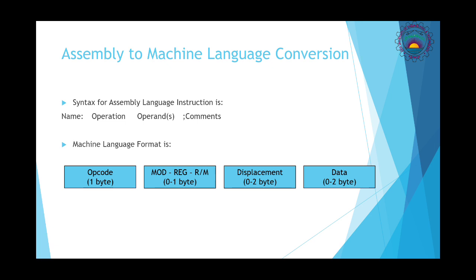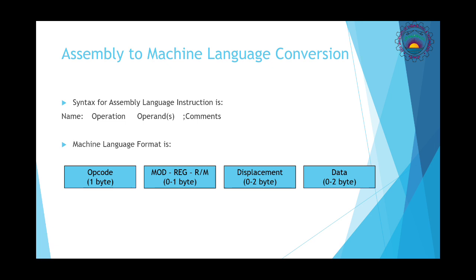In machine code of the assembly language instruction, there will be hexadecimal numbers. So first byte will be of opcode, then second byte will be having mod, reg, r/m. These are the codes explaining the operation of instruction.